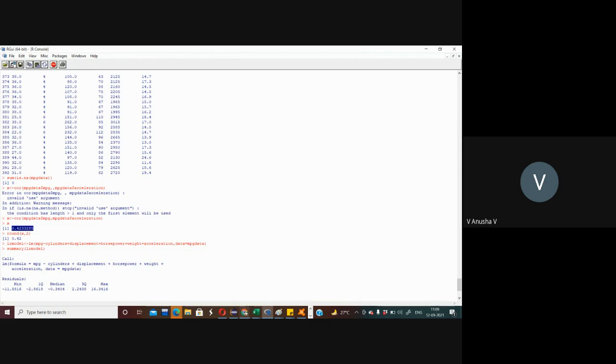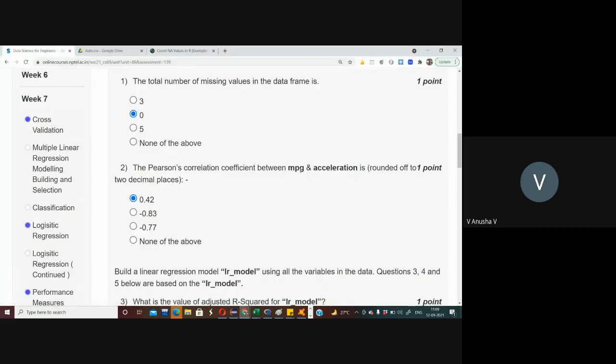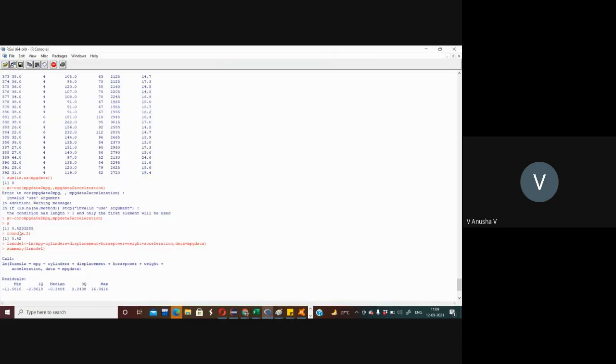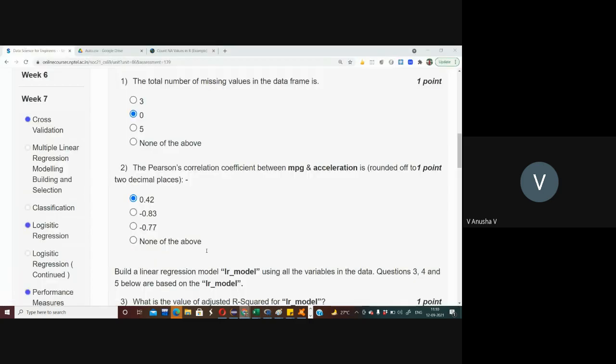Now they told us to round that coefficient to 2 decimal points, so I'm rounding off x, round of x comma 2. Once I round off, I get 0.42. In this way, you can calculate the correlation coefficient between any two given variables and round it off to however many decimal points they have given. So this is your result, 0.42. So B's option is 0.42.